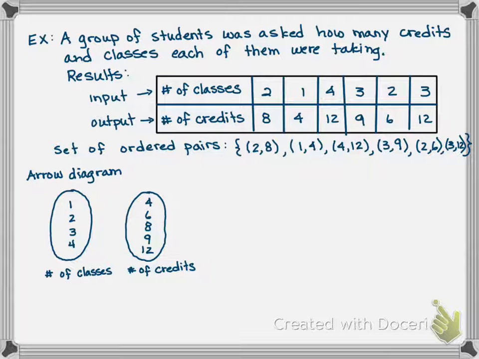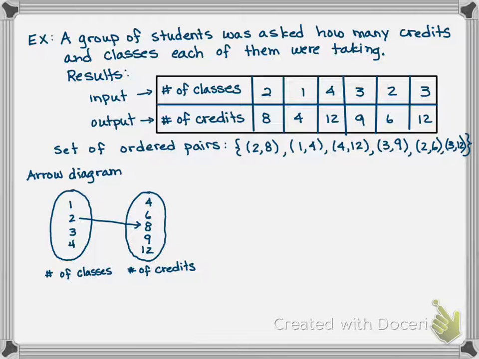Remember, we have the 3 components of a relation. We've got our inputs, we have our outputs, and then we have the correspondence between each input and output. So in an arrow diagram, the circle on the left gives us our inputs, the circle on the right gives us our outputs, and then we use arrows to show that correspondence. So we have 2 classes corresponding to 8 credits.